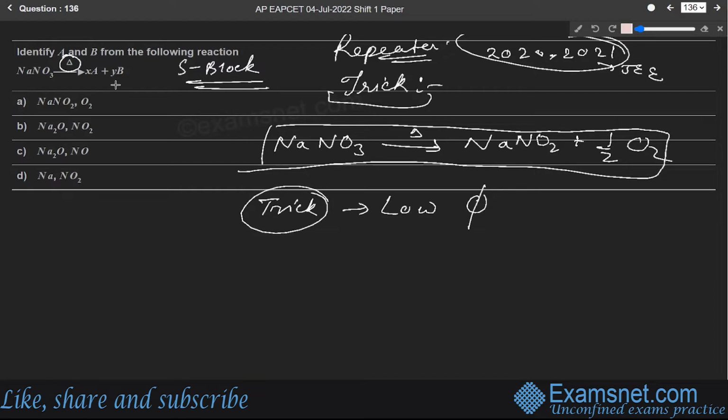The one who has low phi means the photosensitive metals. Cesium has a high photosensitivity, then rubidium, then potassium, then sodium, and then somewhat lithium, right?